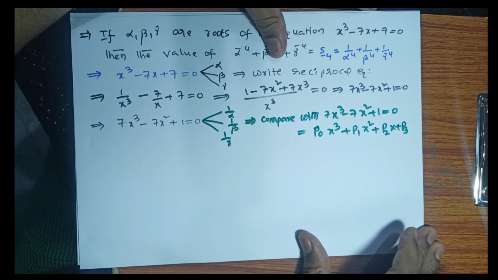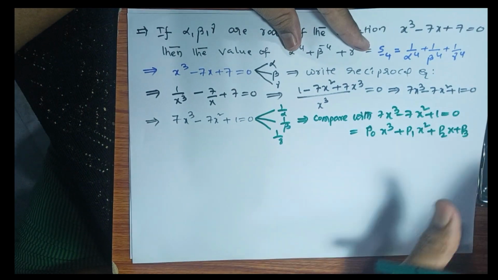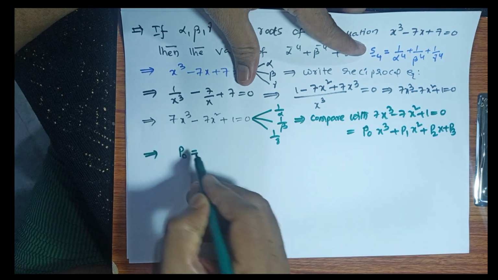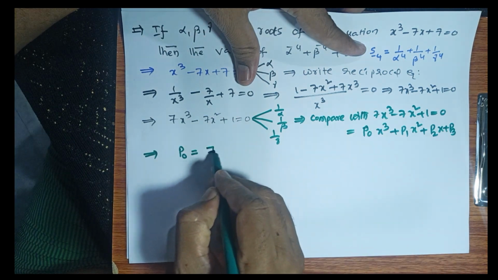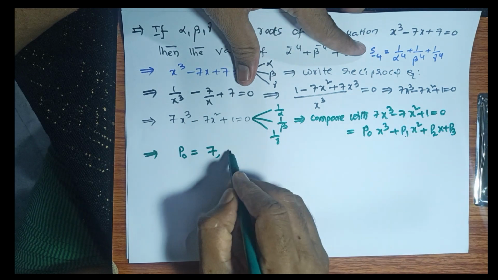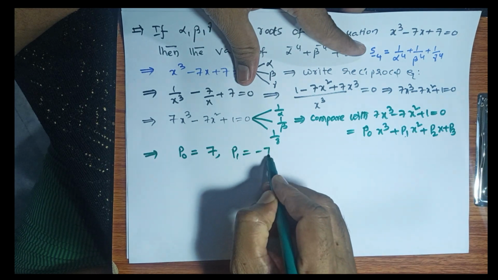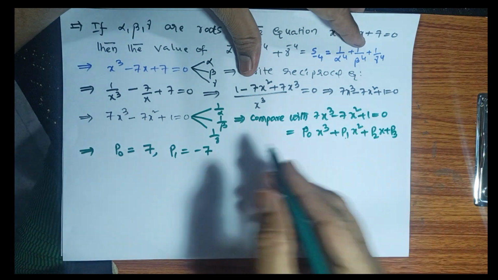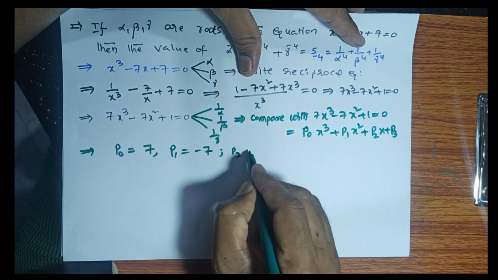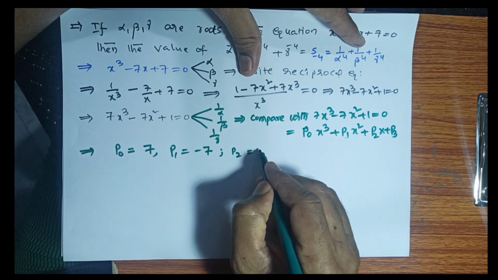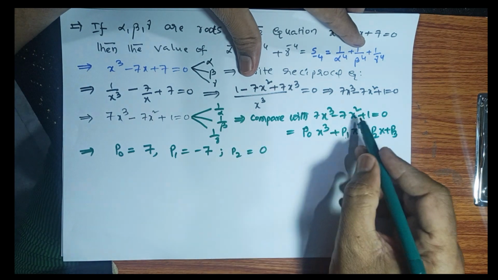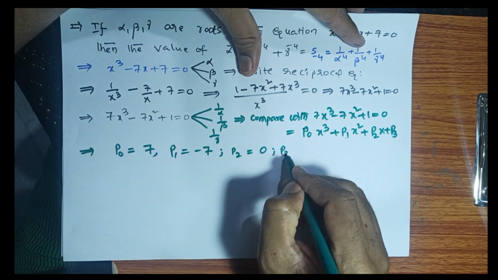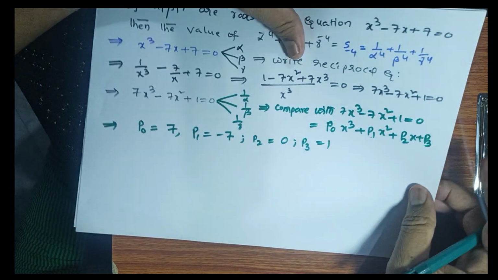If you compare it, you are getting p naught is equal to 7, p1 is equal to minus 7, and p2 is equal to 0, since no x coefficient is there here, and p3 is equal to 1.